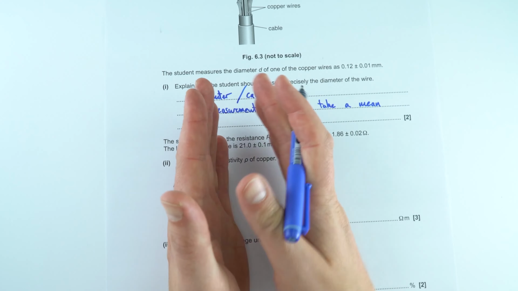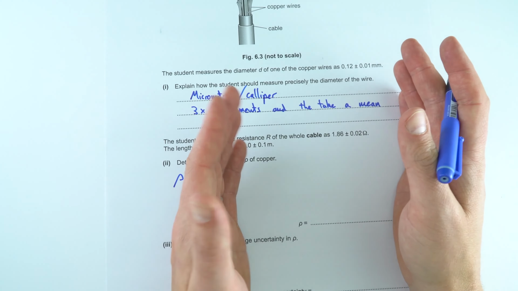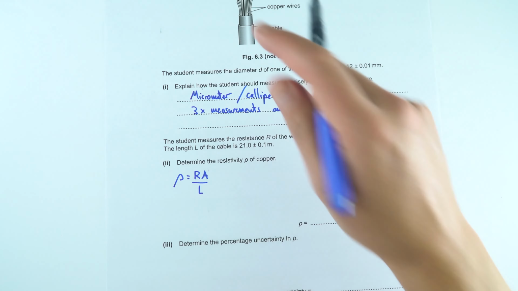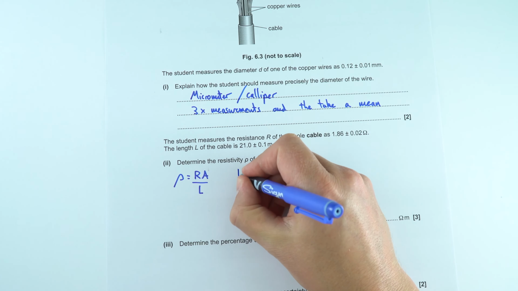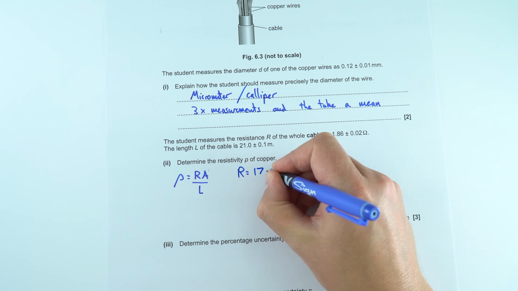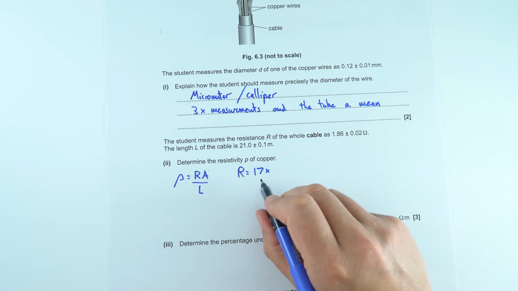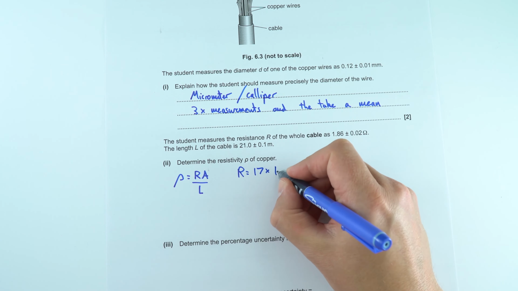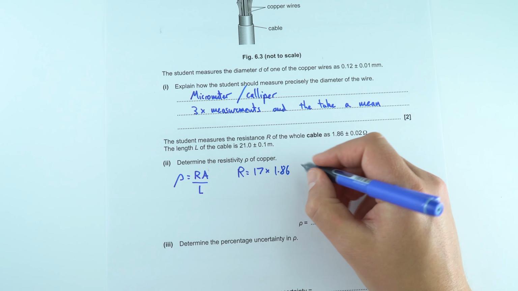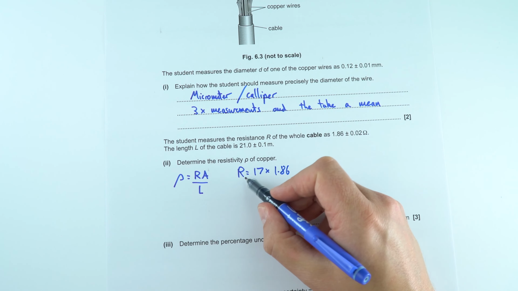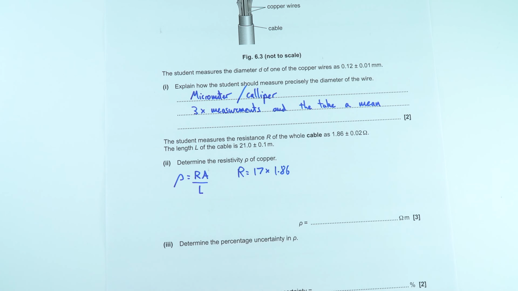The more resistors you have in parallel, the lower the combined resistance, and if all of these are the same type of wire, that means the total resistance is going to be equal to 17 times the total resistance of that cable. So that's 17 times 1.86, which gives you the total resistance of one of those strands of wire.